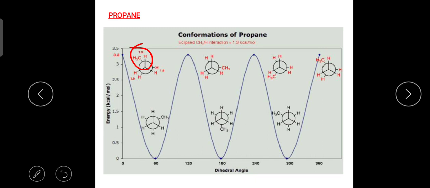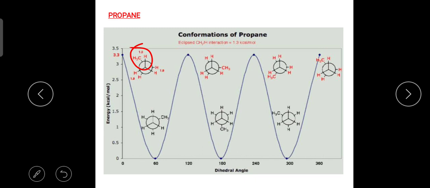Therefore the torsional strain is increased, and again a rotation of 60 degrees about the carbon-carbon single bond converts eclipsed form to staggered form, or vice versa. Therefore, we can say the energy profile diagram of propane is very similar to that of ethane.